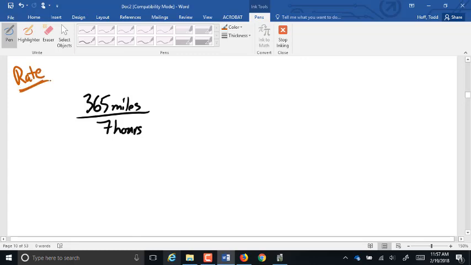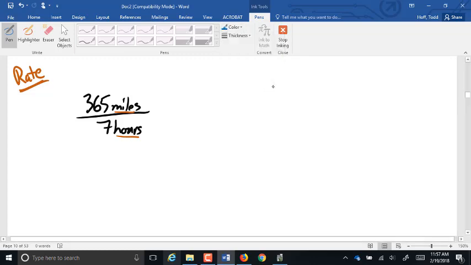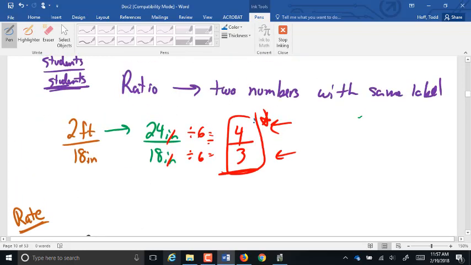So the first big difference between rates and ratios is that a rate can compare two things with different units, different labels, whereas a ratio had to have two things with the same unit, same label. The second big difference is in the ratio, it didn't bother us to leave it as 4:3 or 5:7.